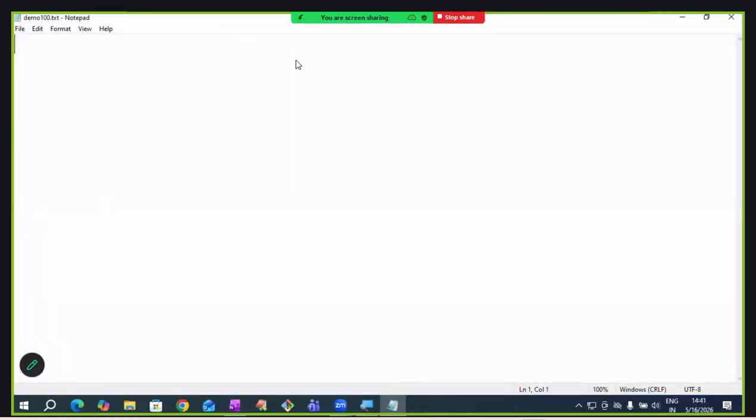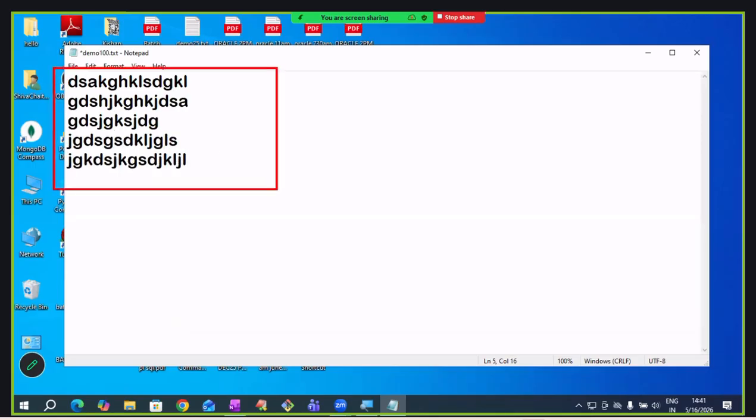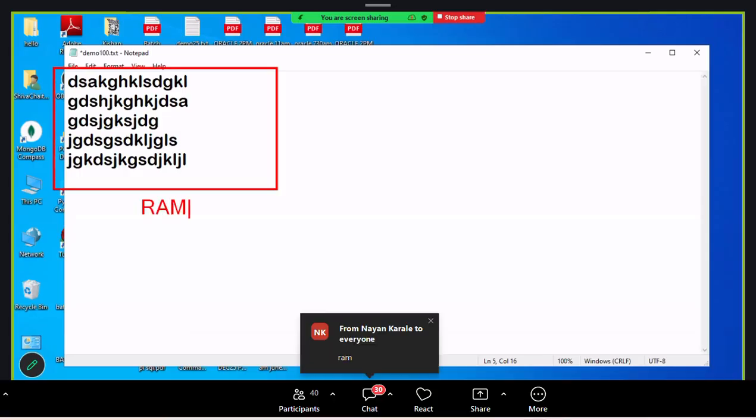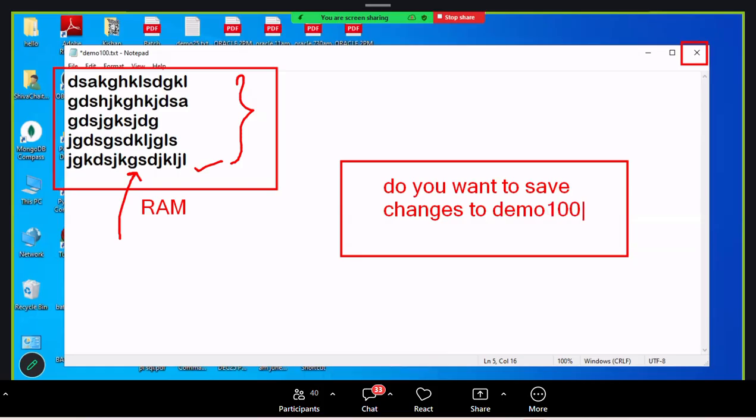Okay. Now I'm entering the data, sir. I'm entering data here. Now please confirm, where is this data stored now, in the RAM or in the hard disk? When we enter the data, it will be stored in the RAM temporarily. That is why if I close here, it gives one warning: do you want to save changes to demo 100.txt?